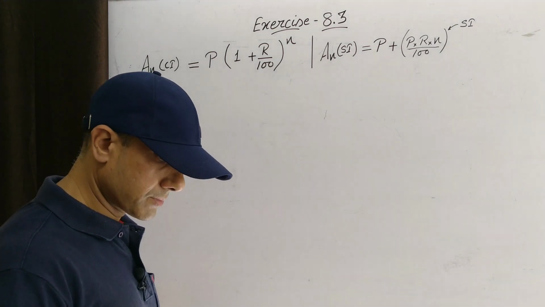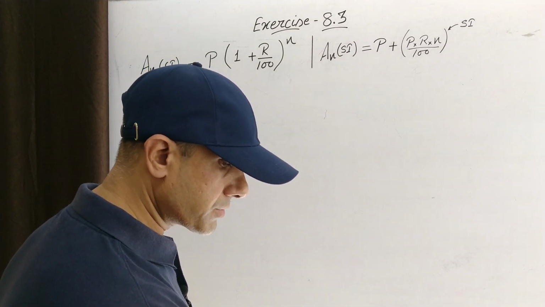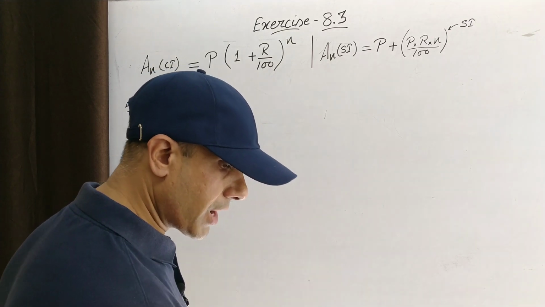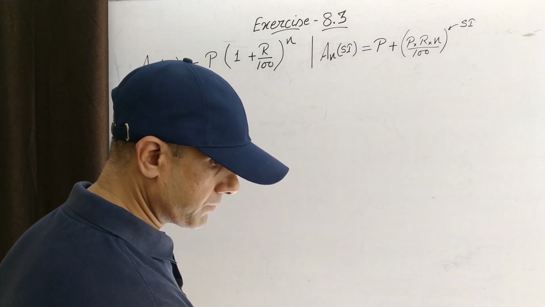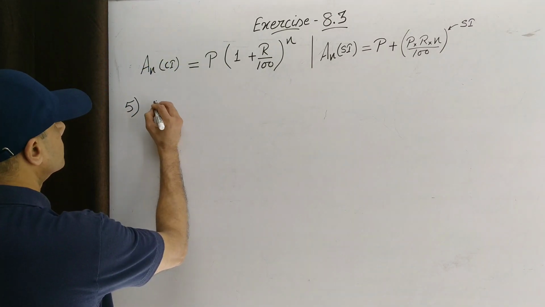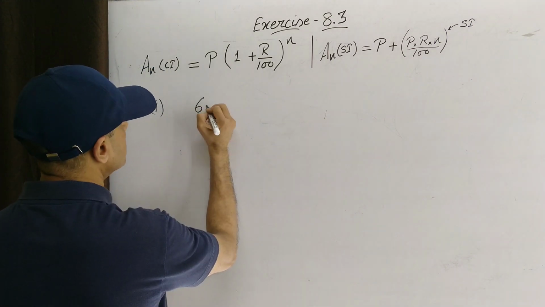Question number 5. Vasudevan invested 60,000 at an interest rate of 12% per annum compounded half yearly. What amount would he get at the end of 6 months? So the principal amount is 60,000.